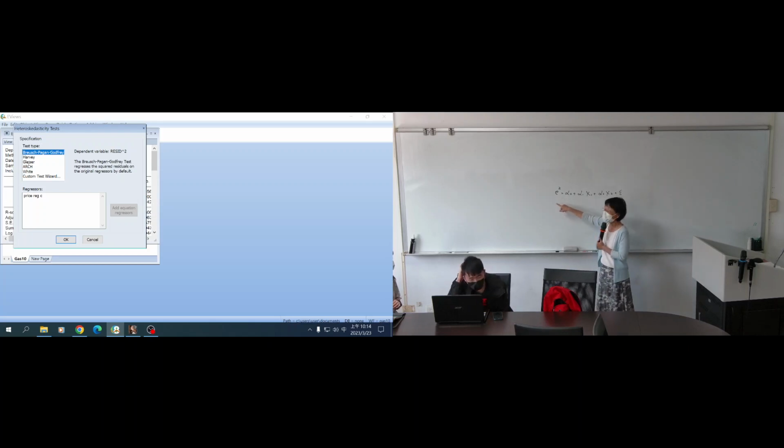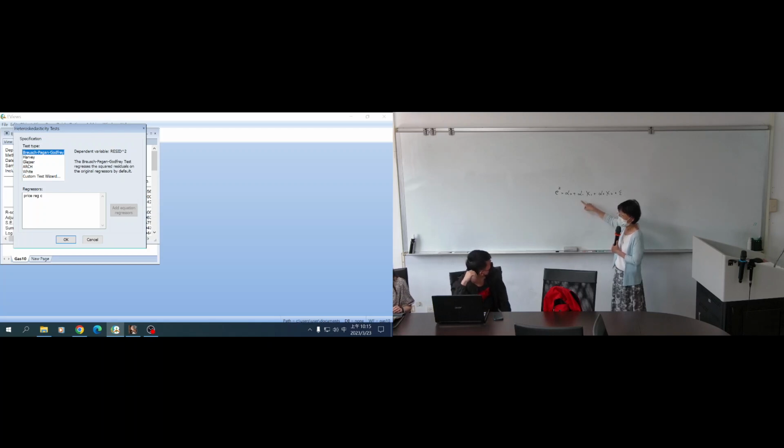So after we do this regression, this is the residual. If I use the residual as the dependent variable, and the original x1 and x2 as the x variables, and there's no heteroscedasticity problem, then what happens to all these coefficients? If there's no relationship between the residual and the original x1 and x2, the coefficients should be equal to 0.